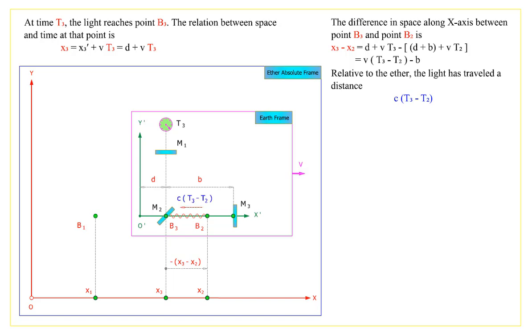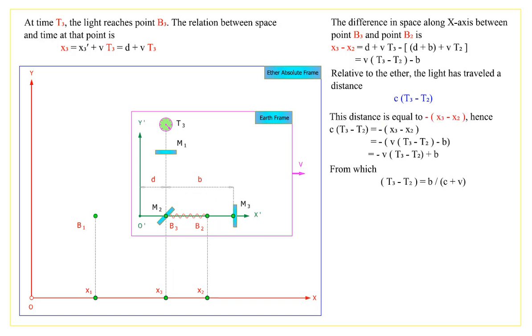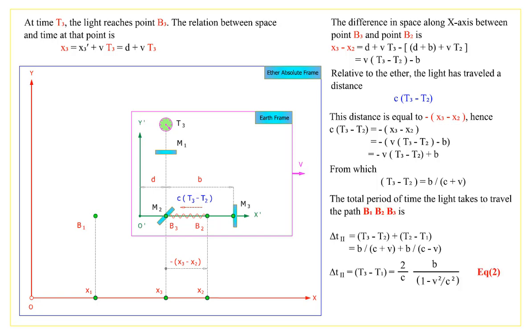Relative to the ether, the light has traveled a distance c times t3 minus t2. This distance is equal to negative x3 minus x2, hence c times t3 minus t2 equals negative x3 minus x2. From which t3 minus t2 equals b over c plus v. The total period of time the light takes to travel the path B1, B2, B3 is delta t2.